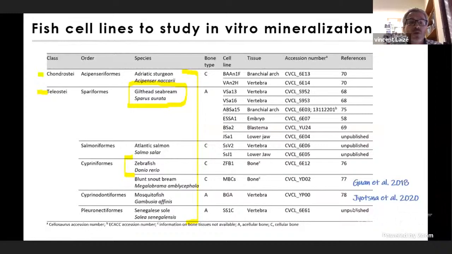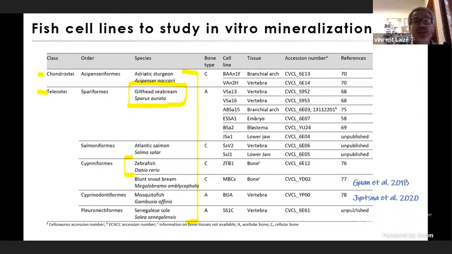So something that is very important to mention, which I didn't mention before, is that the fish species that have been used to develop these fish cell lines have different bone types. I will not talk extensively about that, but for us, working with bone, this is very important.